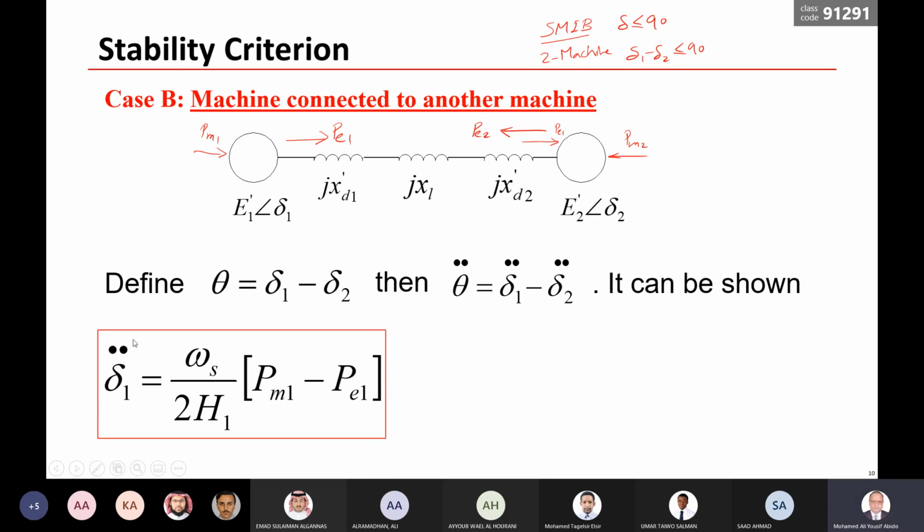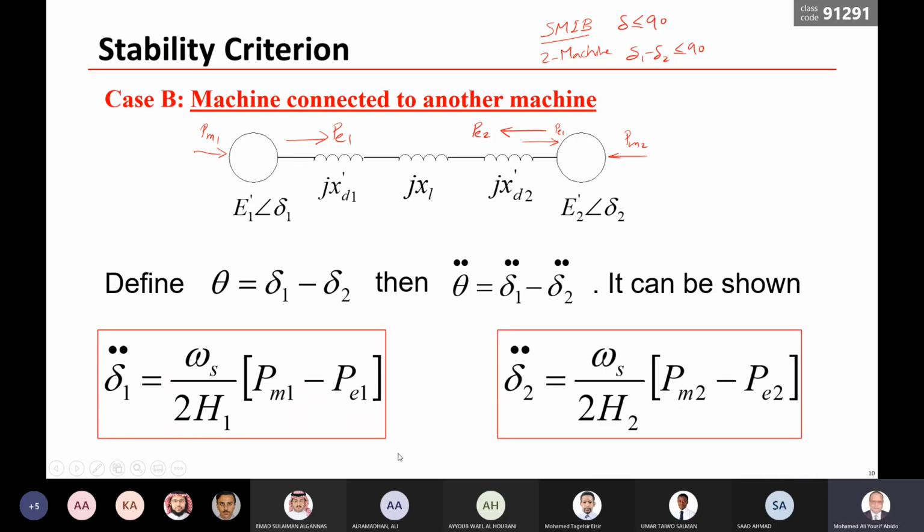Delta 1 double dot, which is the swing equation of machine number 1, equals omega s over 2H1 times P mechanical 1 minus P electrical 1. For machine number 2, we can write the same swing equation, with H2, P mechanical 2, and P electrical 2.